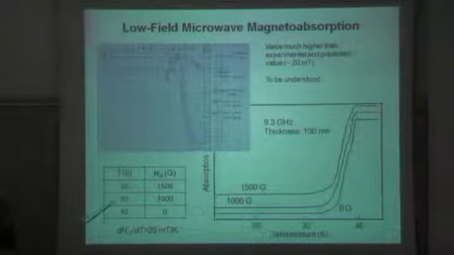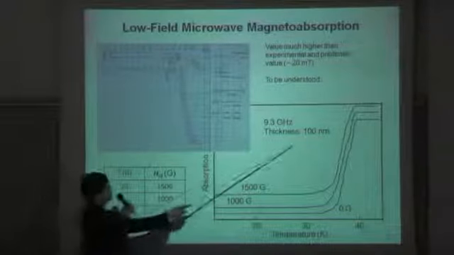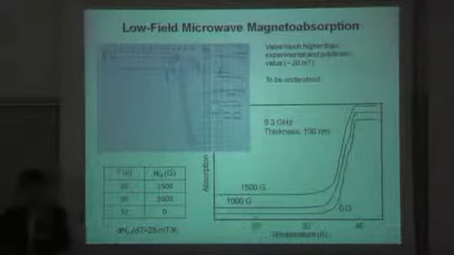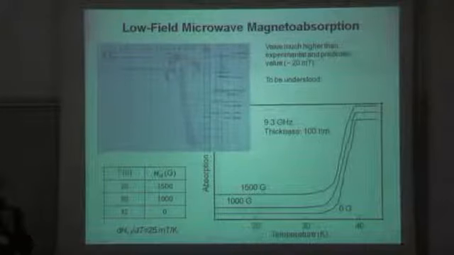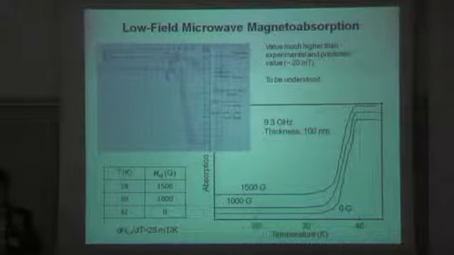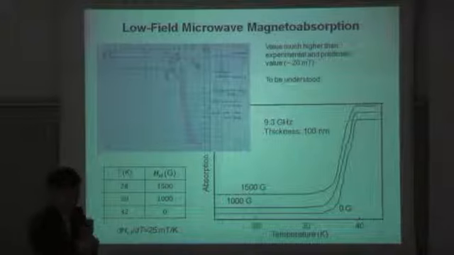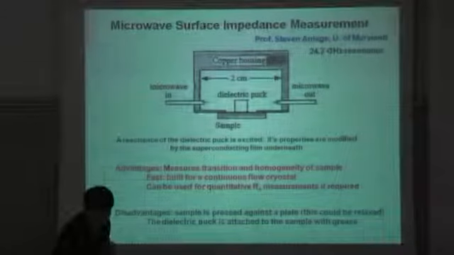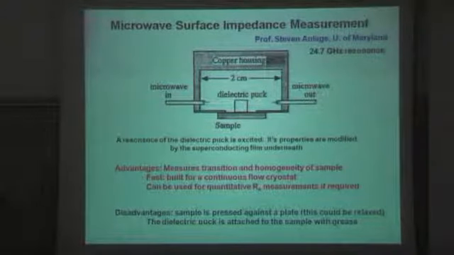Multiplying by 30 Kelvin would give you something like 700, which we thought is too large. In particular, these films are 100 nanometers thick, and we know that our films normally have a penetration depth of 40 nanometers. So we are not completely understanding what this result means. That's one thing we've been working on.